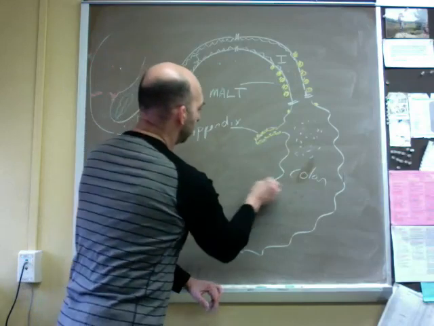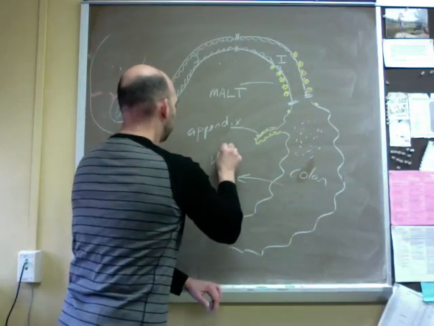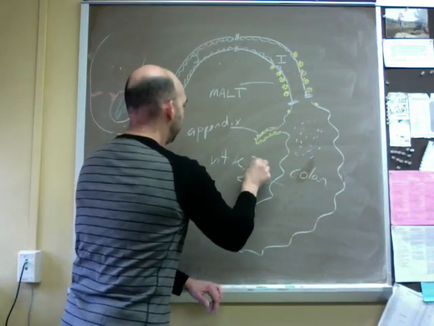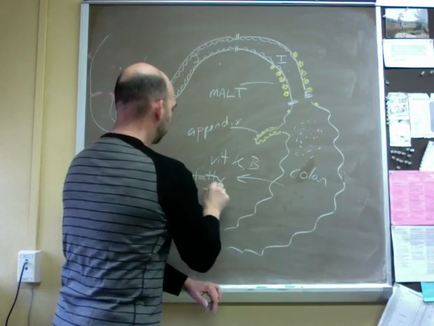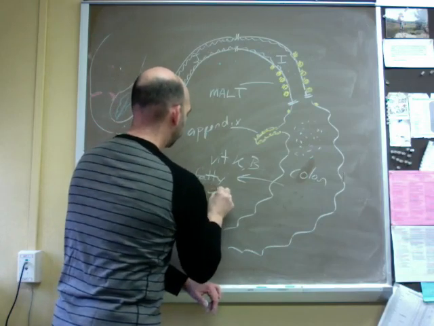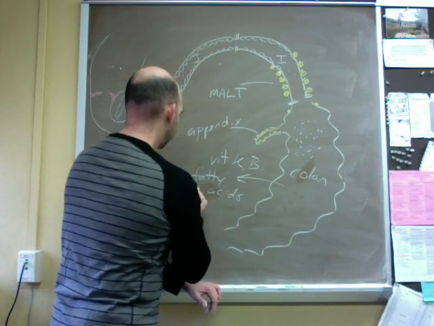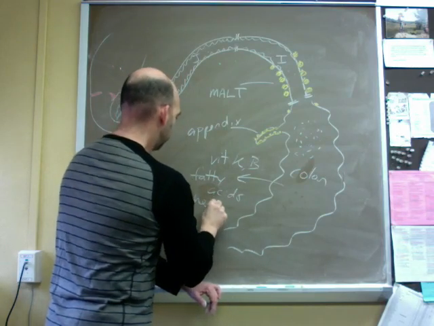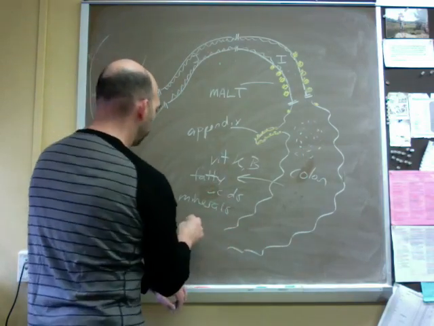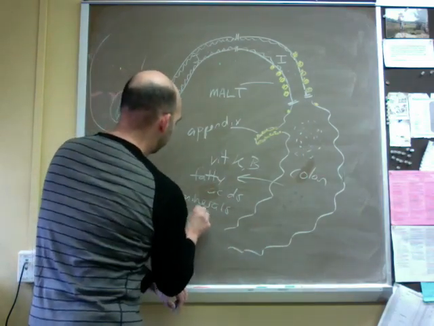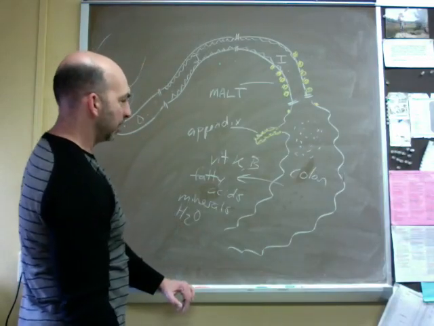Anyway, and so we get vitamins, so K and B, some fatty acids that are being produced, minerals, right? So sodium, chloride, and calcium, and potassium are being absorbed, and because they're being absorbed, we're absorbing more water.